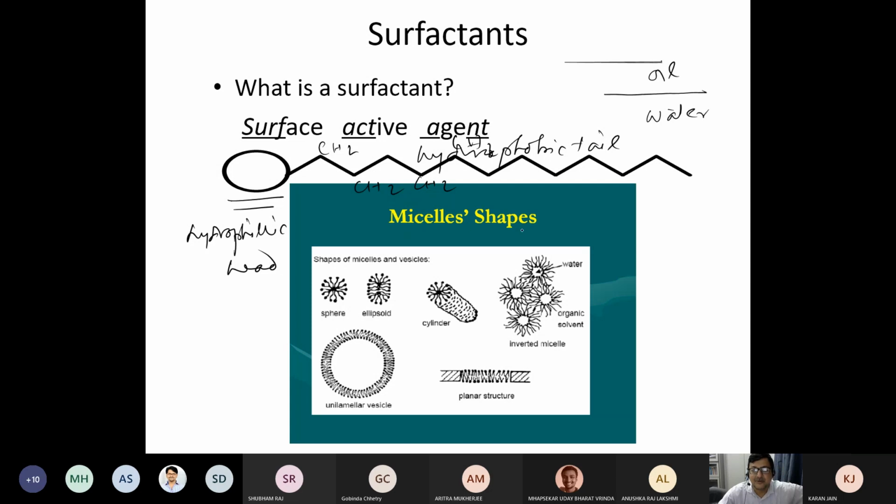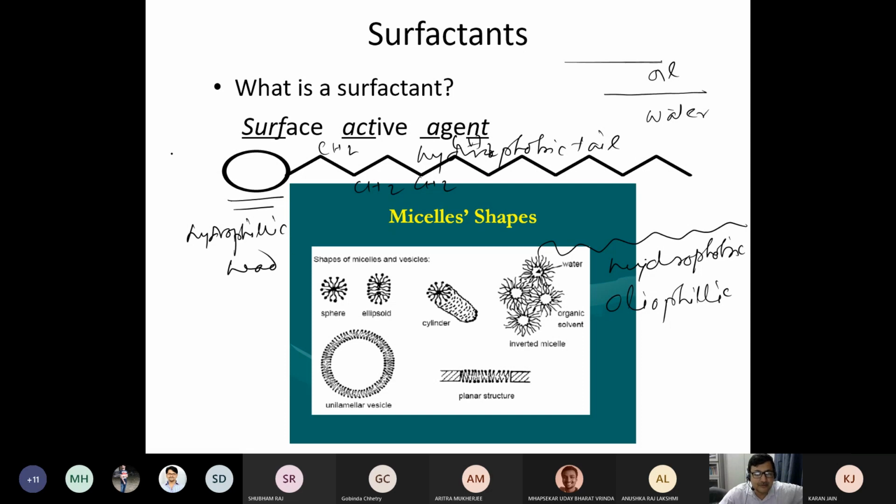So this might be sodium dodecyl sulfate, with 12 CH2 groups. Whenever the CH2 group is the tail, this is an organic material, so it will be hydrophobic, right? If it is hydrophobic, that means it is oleophilic. That means it will like oil and it will hate water. And hydrophilic means oleophobic.